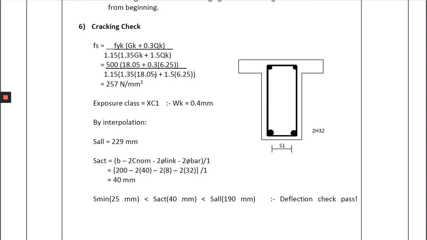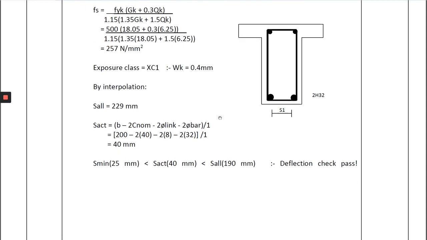So here, how do I get this 18.05? By adding the permanent action from the beam, without factorizing, plus the permanent action from the slab that is already transferred to the beam, your nLx over 3 without factorizing, so you will get this 18.05.